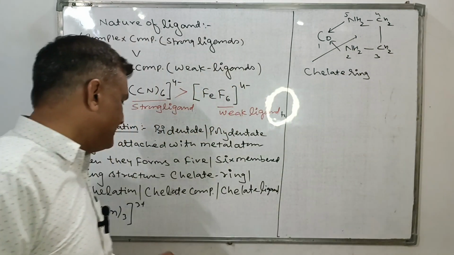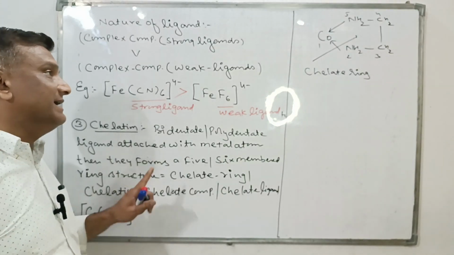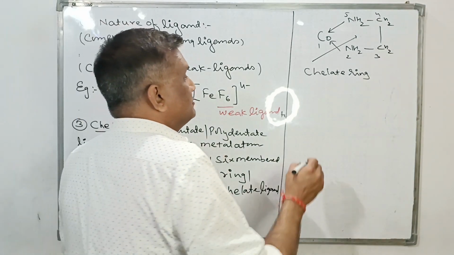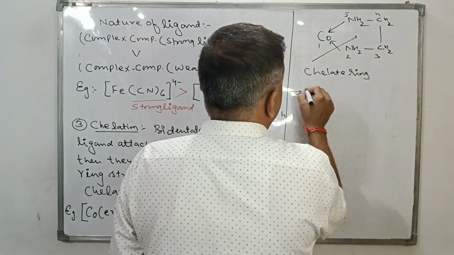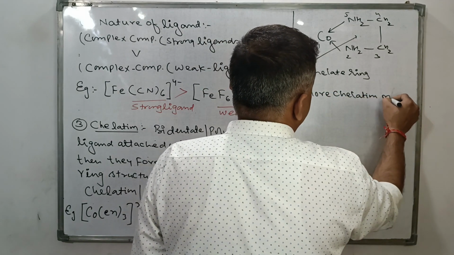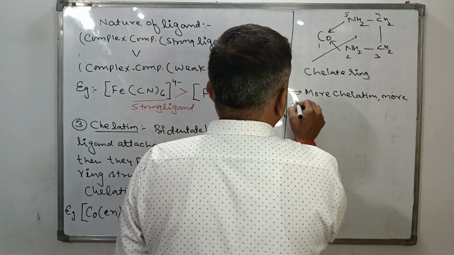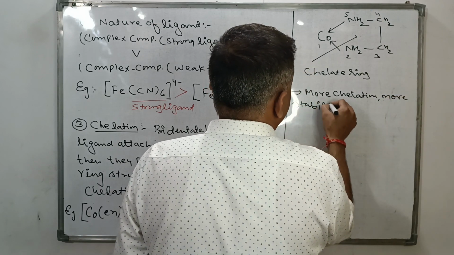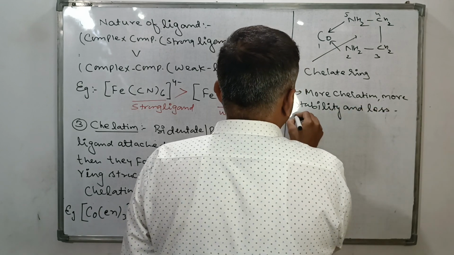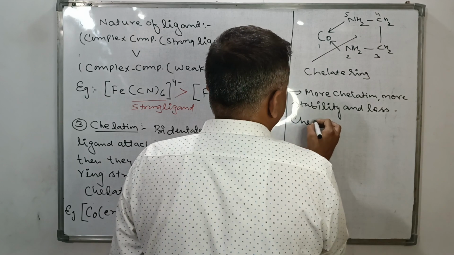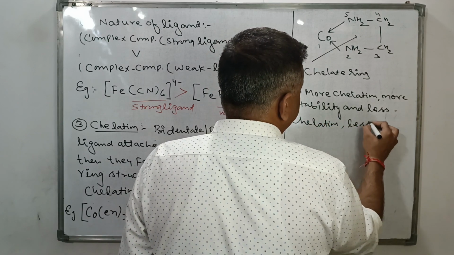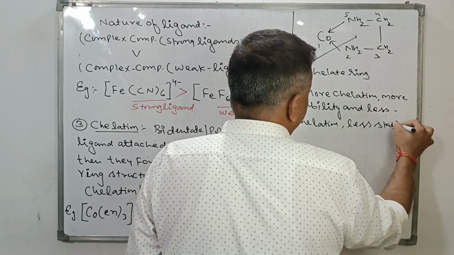This compound is called a chelate compound, en is called a chelate ligand, and this property is called chelation. So more chelation, more stability, and less chelation, less stability of the complex compound.